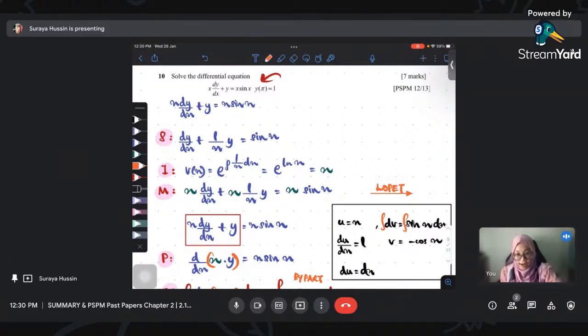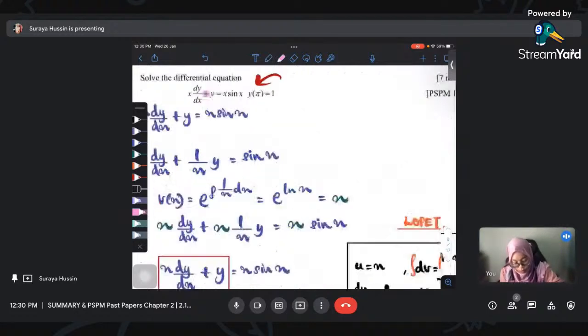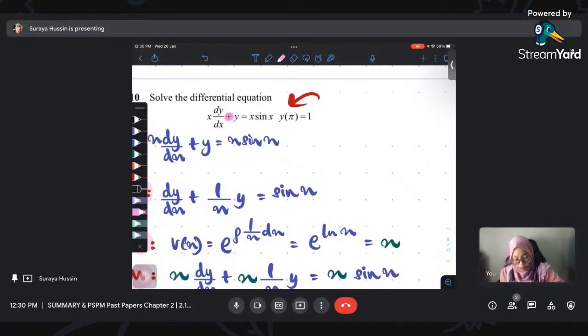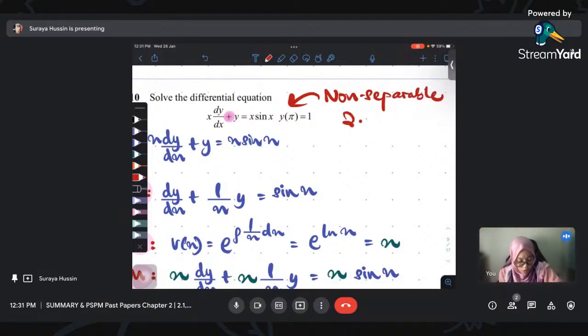Observe dulu soalan. Tengok pelan-pelan. And then you will see that, we got plus here. We got plus here. Operasi tambah ataupun operasi tolak. Okay, and you will see that this is actually non-separable. Tak boleh diseparatekan. Miss, apa yang dimaksudkan non-separable ni? This is 2.2.